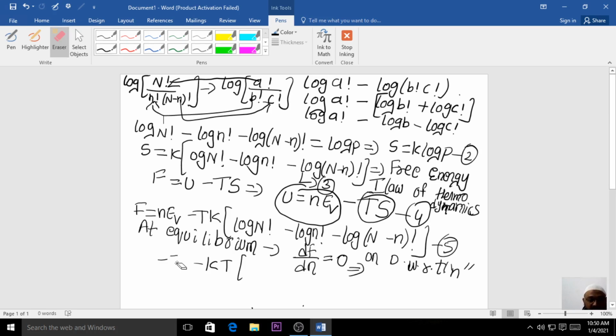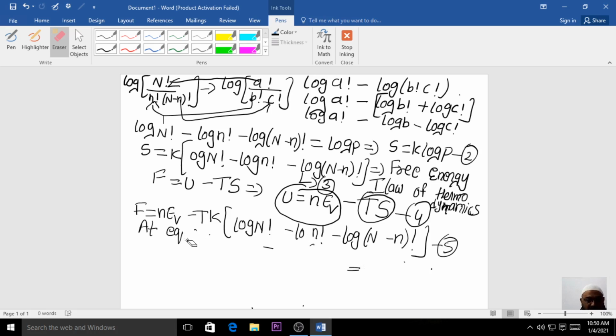Before going for the equilibrium concentration differentiation, first of all we'll remove this factorial term. How am I going to remove this factorial term? By using the mathematical operation called, now see, this is actually a log. So now using which operation? Stirling approximation.